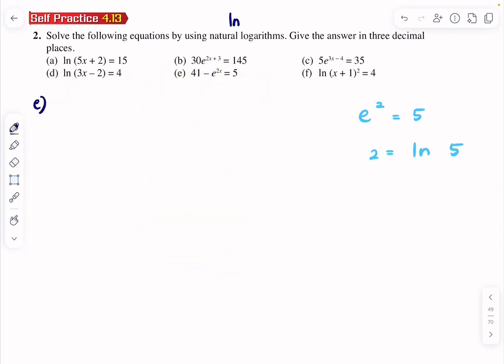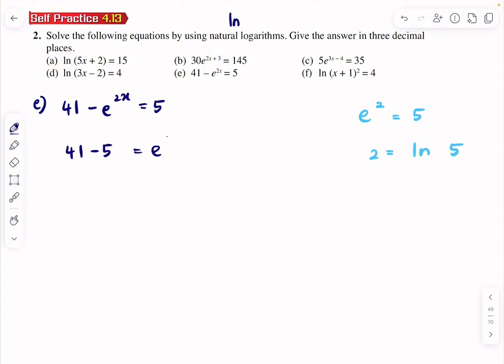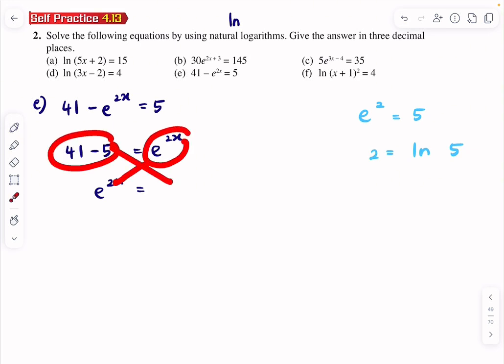E. We have 41 minus e power 2x equals 5. So this e power 2x we bring over there, and this 5 we bring over here. So 41 minus 5 is e power 2x. Let's just swap the places. 41 minus 5 is 36.